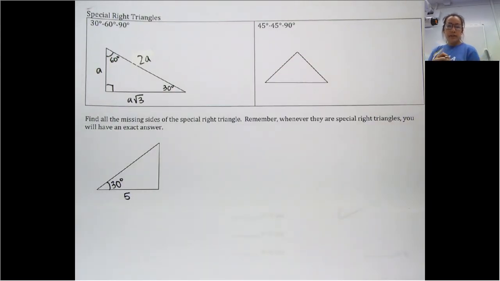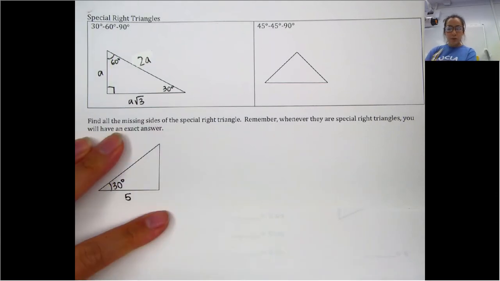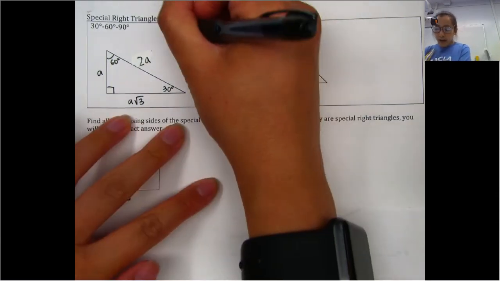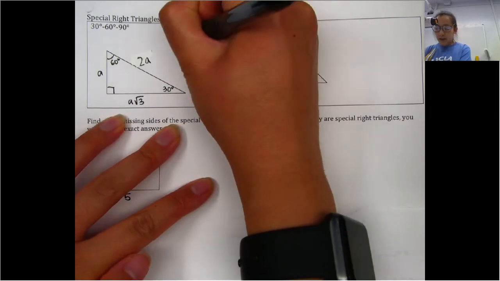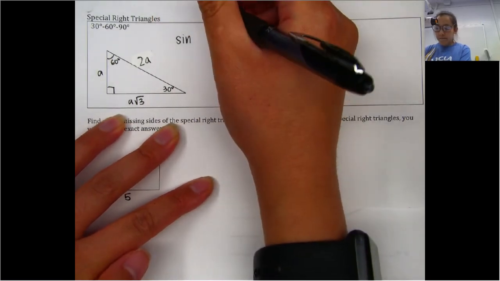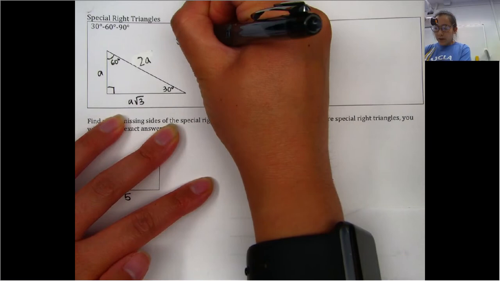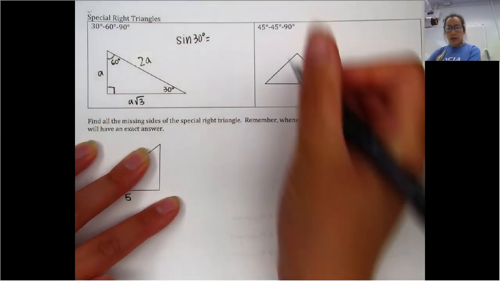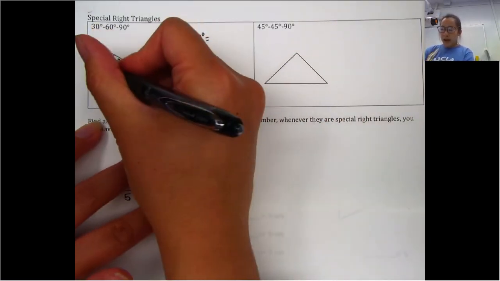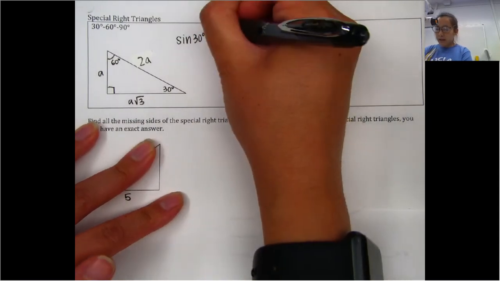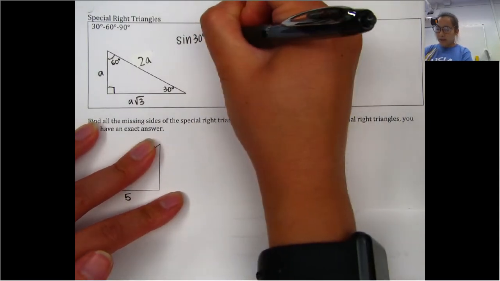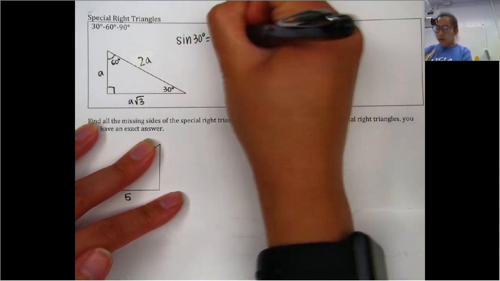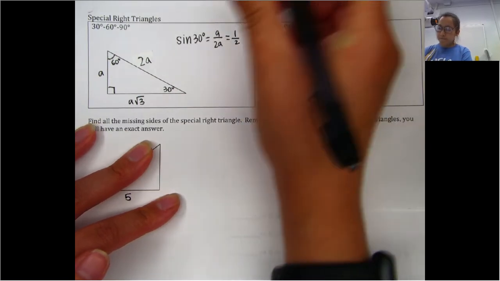All right, and so if you ever wanted to do the trig functions from here, I'm just going to go over the three basic ones. For sine of 30 degrees, that's going to be A over 2A, so the opposite over hypotenuse, which is just 1 over 2.